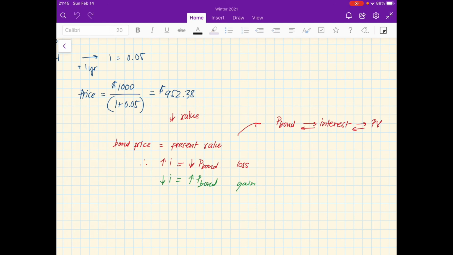All of these things affect one another and create a very similar reaction in terms of bond price and present value. So it's exactly the same reaction. When interest rates go up, this creates a decrease in the price of a bond, which is a capital loss. And if the interest rate goes down, there's an increase in the price of a bond, which is a capital gain. So a lot of these things are pretty similar in practice.